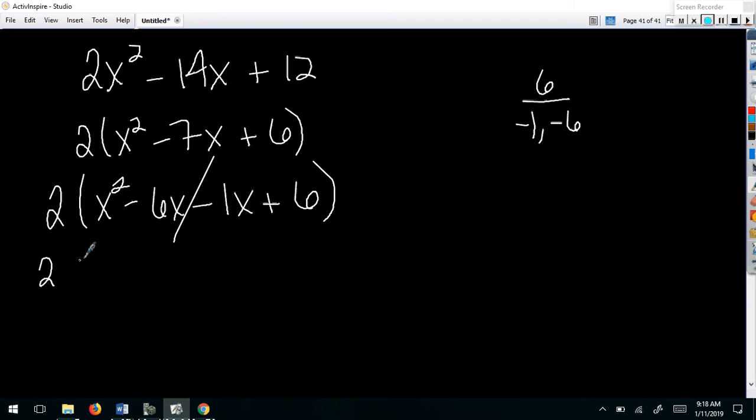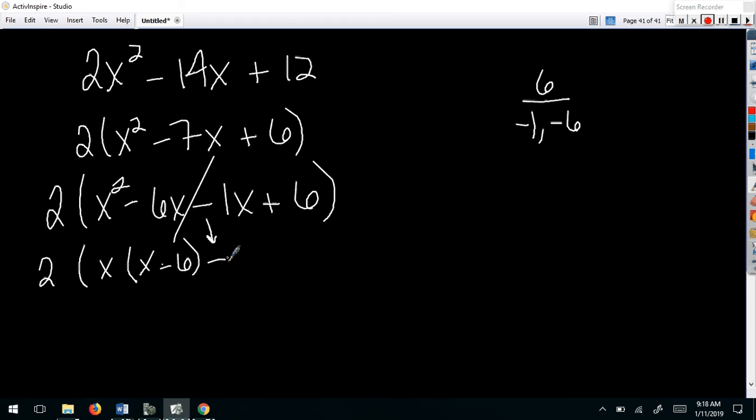What can you take out of the first two? What is left? Middle sign is minus. What is the GCF of the second two? 1.